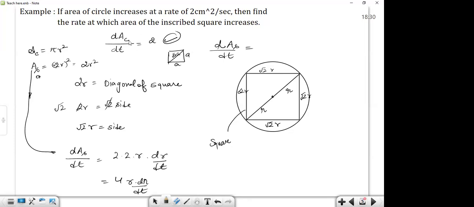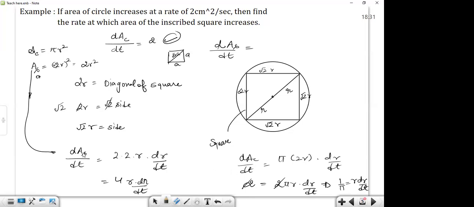As we have this given equation, let's differentiate the area of the circle also. So dAc by dt becomes pi into 2r into dr by dt. This is given to us as 2, so 2 equals 2 pi r into dr by dt. 2 cancels 2, and from here we can write 1 by pi is equal to r into dr by dt.